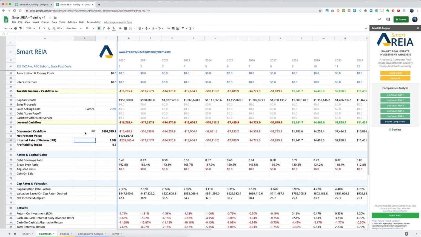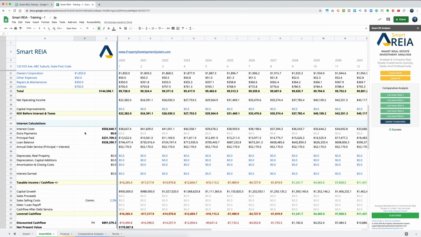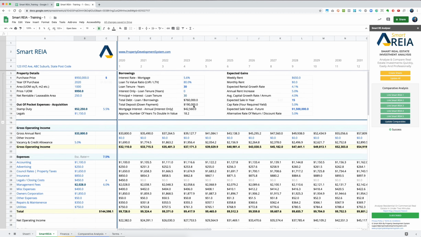Because what is happening is that if you look here, you've got a monthly interest payment going out. So you've got interest costs, which are monthly. You might have made some extra payments, and there's also principal that you have been paying over a period of time. So it's not like you paid 190,000 and then after 15 years you got back X amount.